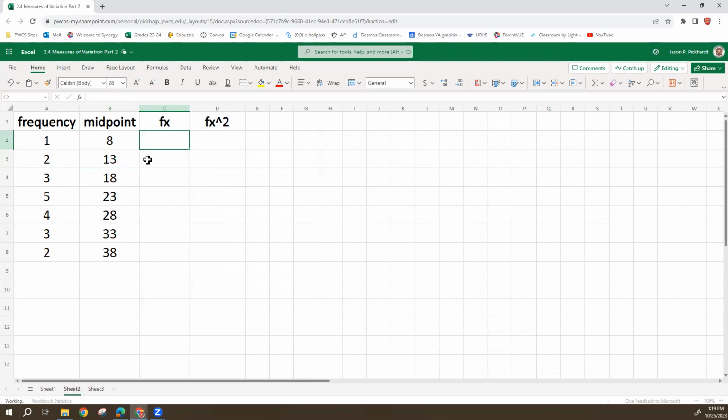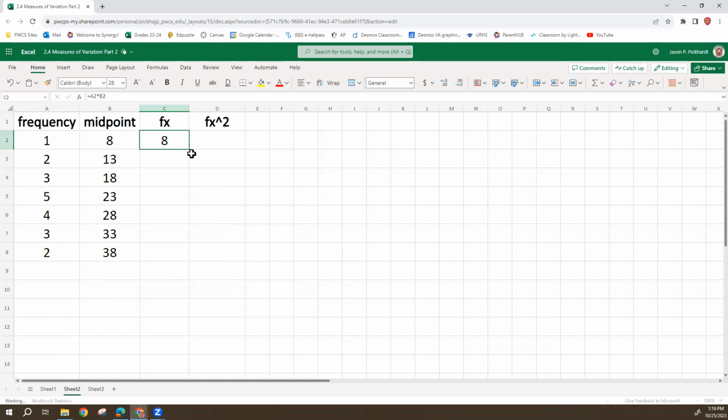So here I have those frequencies and midpoints. We can take the frequency times, and we're going to use X to represent our midpoint. We're going to multiply them together. So I can hit equals my frequency times my midpoint.